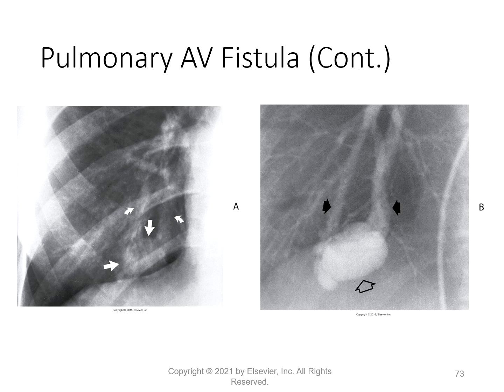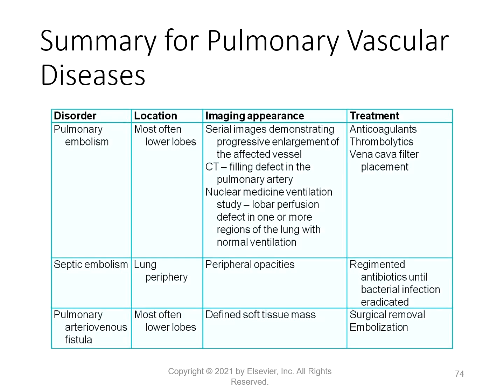So here's a couple examples of an AV fistula where we see that the balance between the arterial and the venous supply is altered, and so you're getting this collection of blood flow in the area resulting in an increased radiopacity.